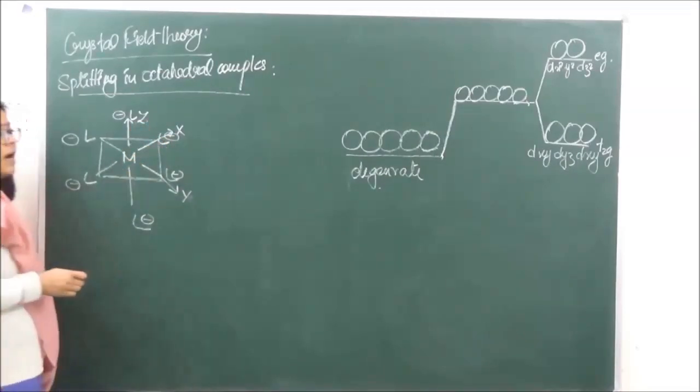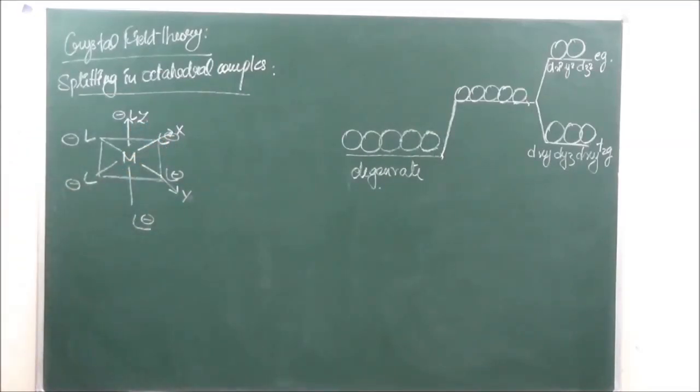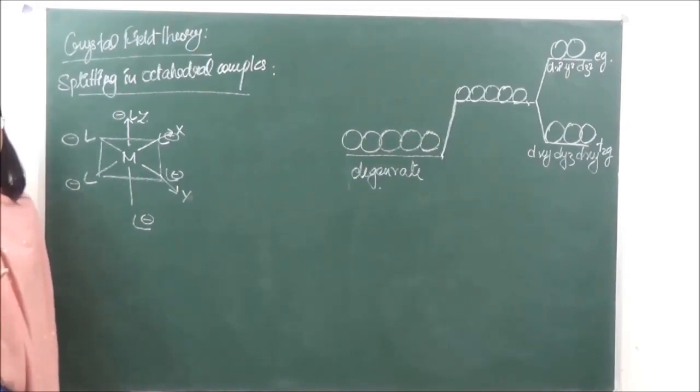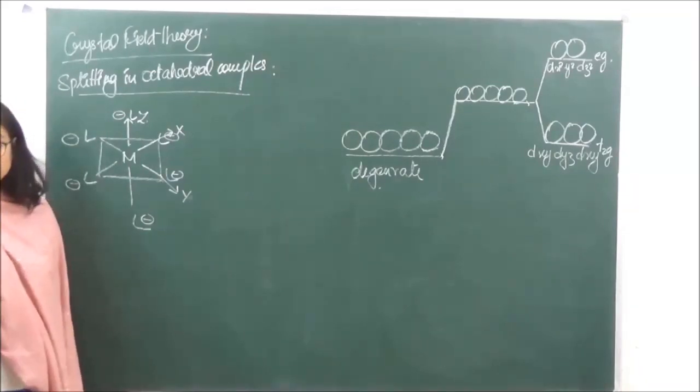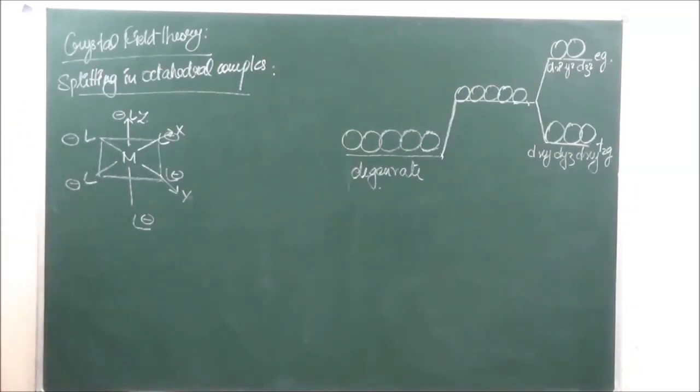All those which are rotating or approaching towards the coordinates are going to result in splitting of the d orbital. So we'll just write down a few points over here.